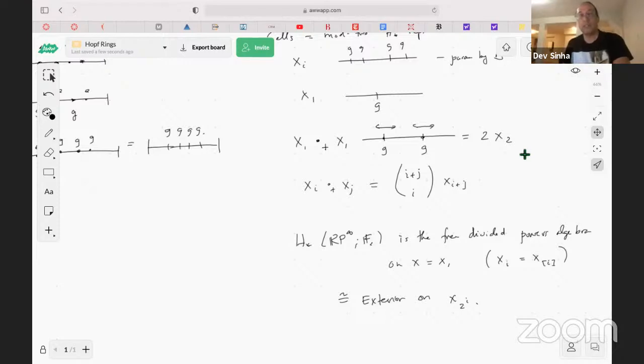Twice it is this product, which ends up being 0, because 2 is 0. But X3 is, say, 3 times X1 times X2, because of that binomial coefficient. So I don't need X3. And then you quickly see that the product of any of these xi's times themselves is 0. Again, this is all mod 2.